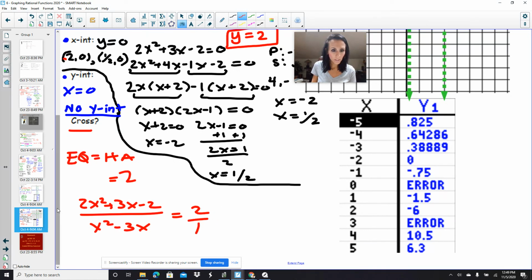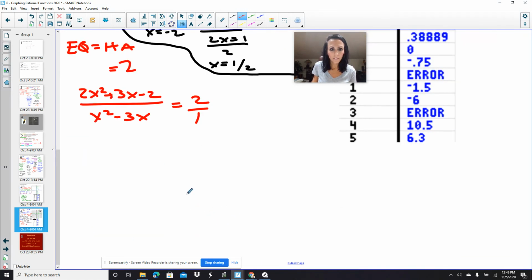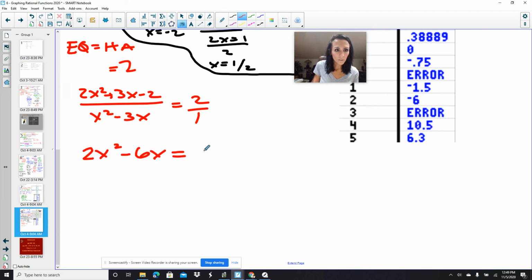Okay, so cross multiply. We're going to get 2x squared minus 6x equals 2x squared plus 3x minus 2.